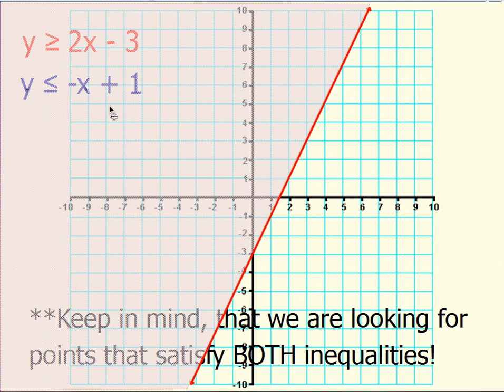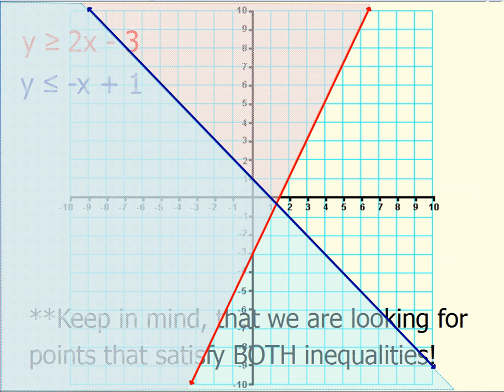Then I'm going to graph the second inequality. Same procedure. Less than or equal to means that I graph a solid line, this time with a y-intercept of 1 and a slope of negative 1. And picking a test point, I find which side of the graph I'm supposed to shade on.